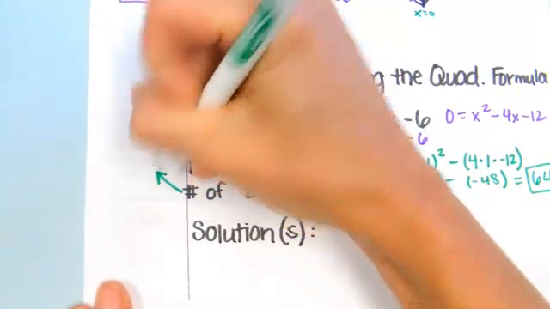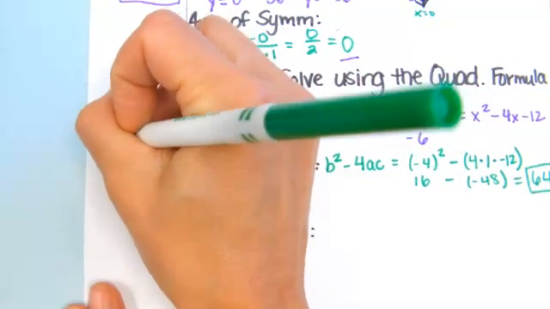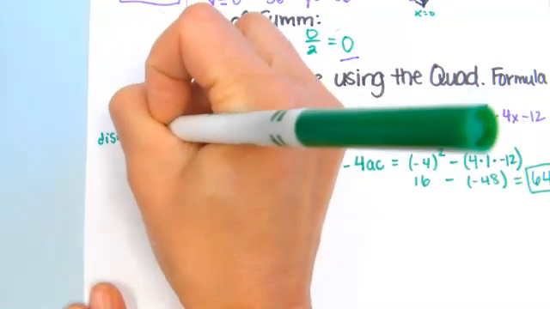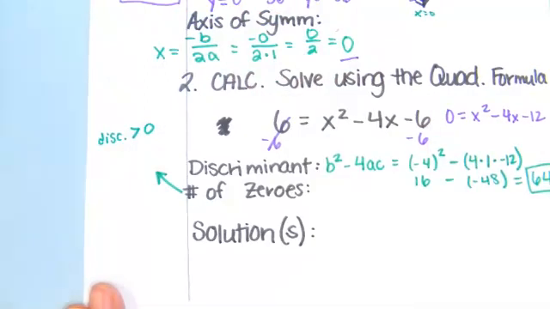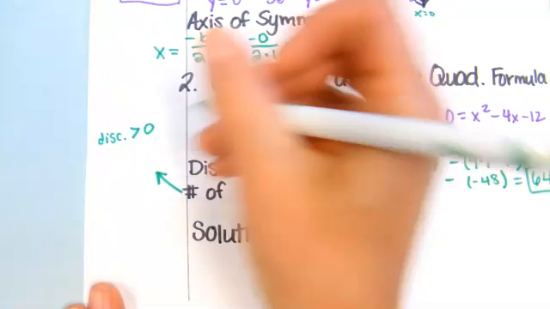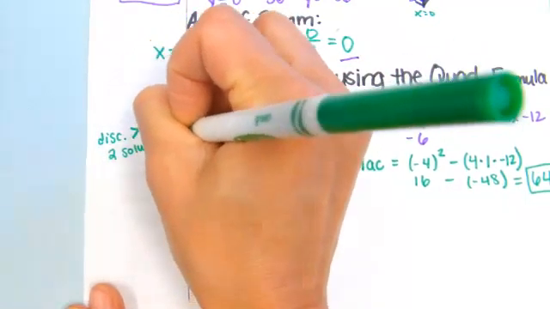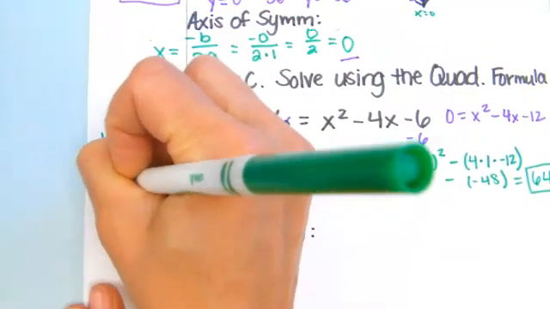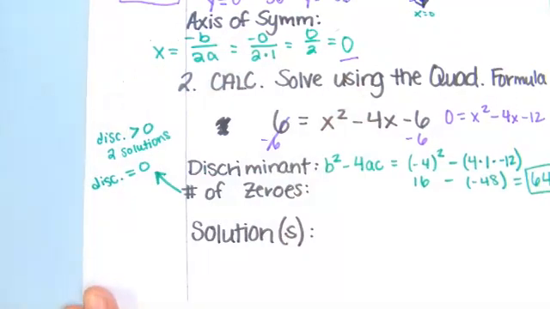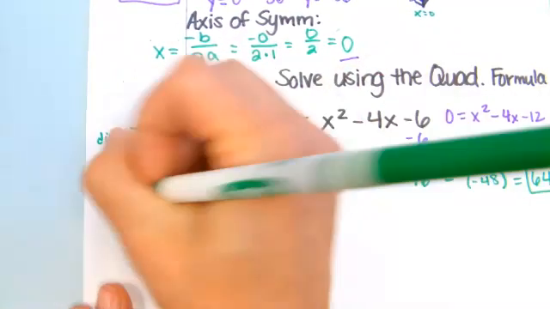Number of zeros, okay? If the discriminant is greater than 0, how many zeros are there? How many solutions? 2 solutions. If the discriminant equals exactly 0, how many solutions? 1 solution.